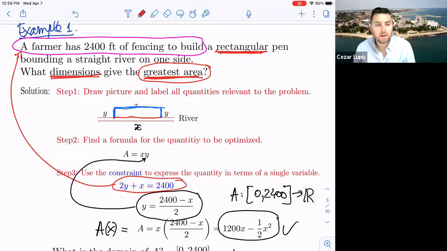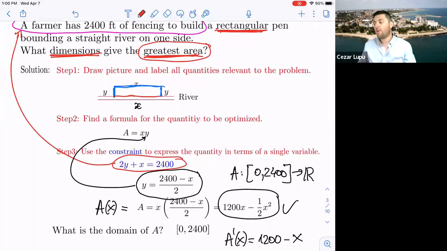And we would like to maximize the area. You know the area of the rectangle, and you know how to express that in terms of the perimeter, but it's missing one part, so it will be just 2y plus x. You know that this is 2400, and then you keep going. You can write one variable in terms of the other, plug it in, and then you have a function, and then you need to find the relative max or min of that function, and that's it.